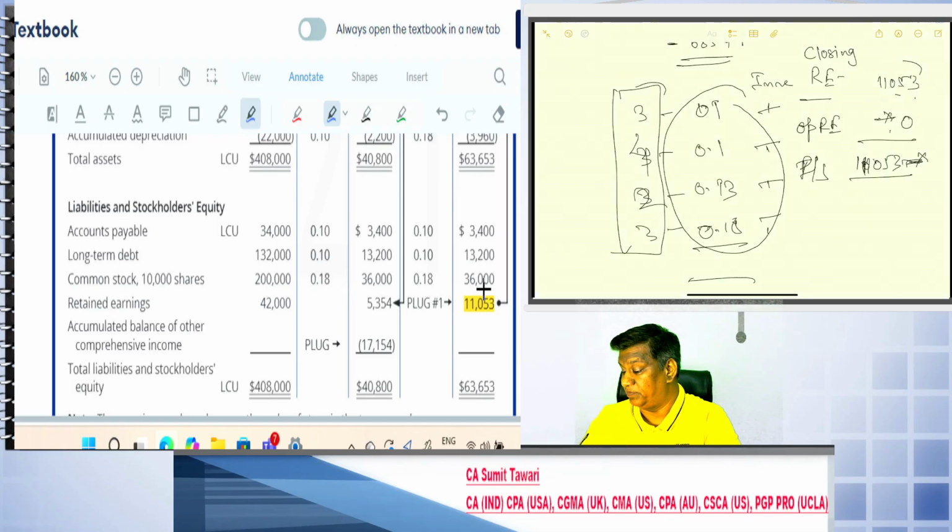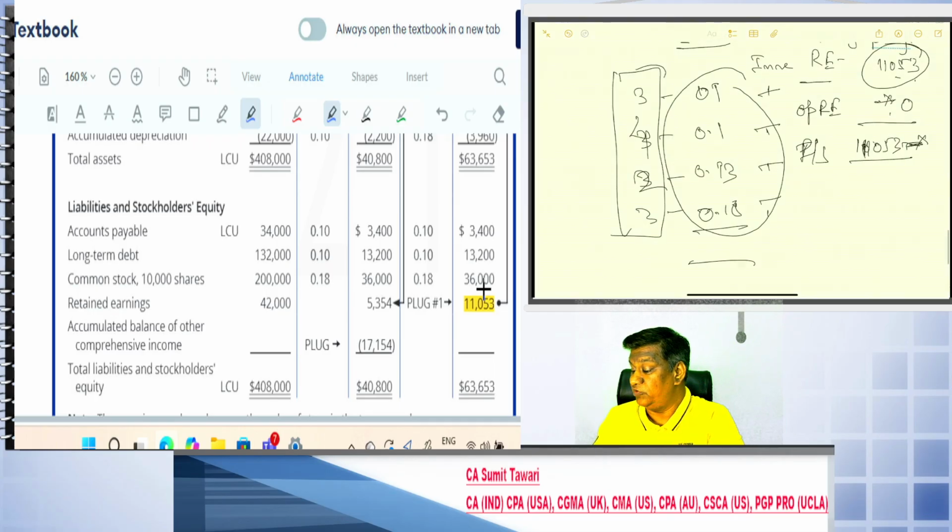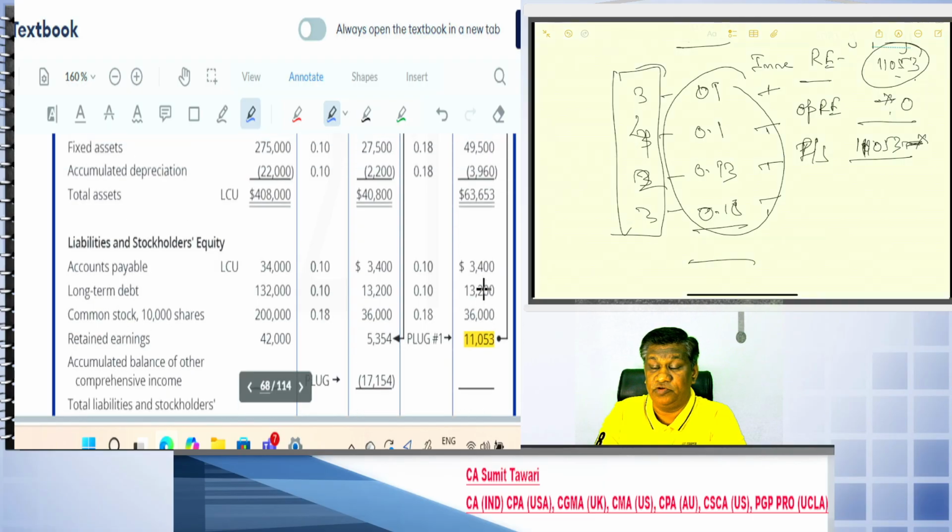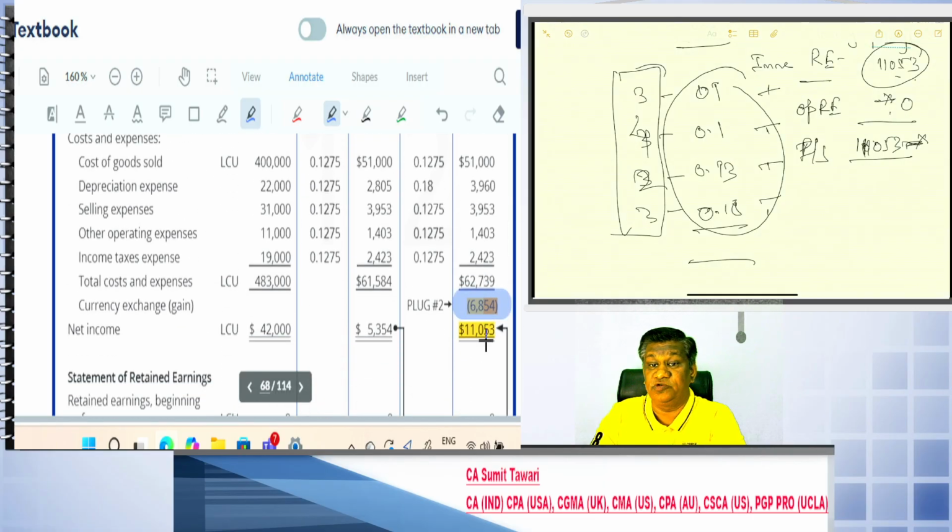This is basically the plug in the balance sheet. First, you need to calculate the difference in the balance sheet, the closing retained earning, and then fix it up here as 11053.